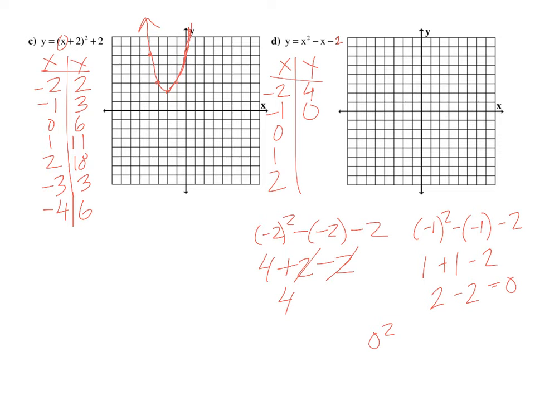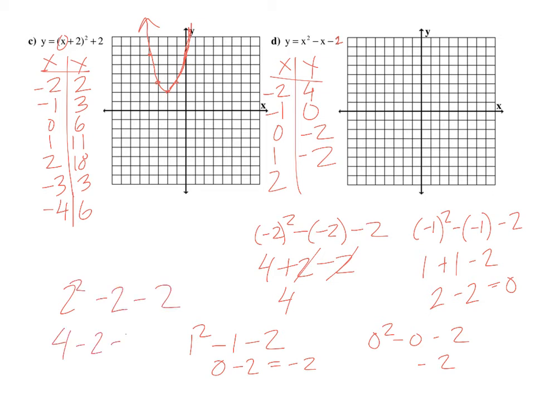Plug in 0. I get negative 2. Plug in 1. I got negative 2 again here, and I plug in 2. I get 4 minus 2 minus 2. I get 4 minus 4, which is 0. So I end up with negative 2 up 4. Then I have negative 1 at 0.